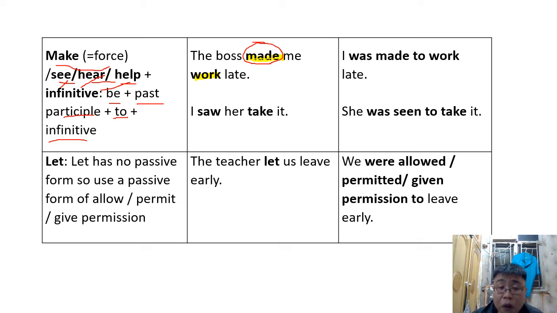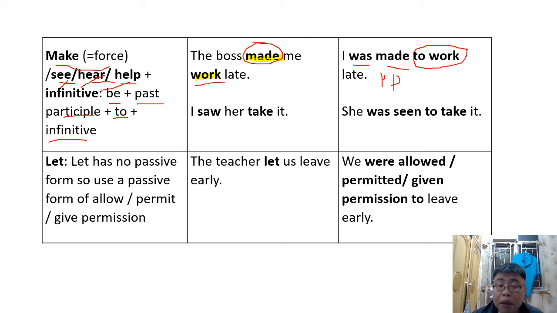And the infinitive work remains the same without any changes. If we turn the sentence into a passive sentence, what will happen? First of all, we have a be here, the past tense form of be, was, and then made, the PP. After that, we put a to infinitive, to work, here.